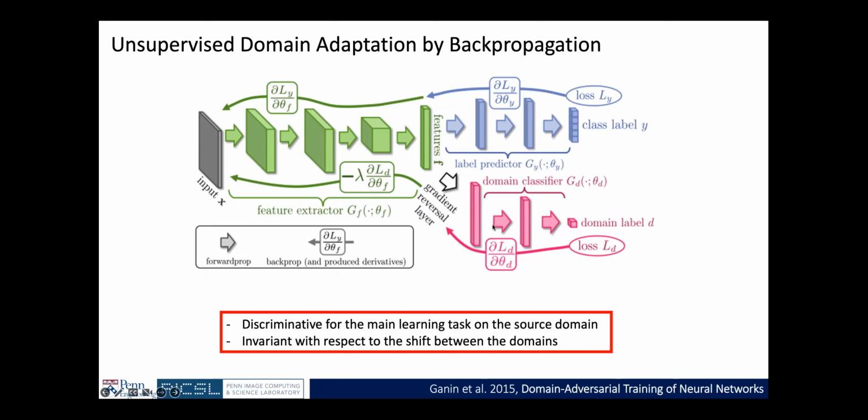So again, for your source data sets, the three data sets that I showed on the left, you have a lot of labeled training examples. But for your target data set, where we want to adapt to that particular domain, you only have very few labeled examples, right? So that is why we need domain adaptation, so that using only those examples, we are able to generalize to a much larger distribution or larger population.